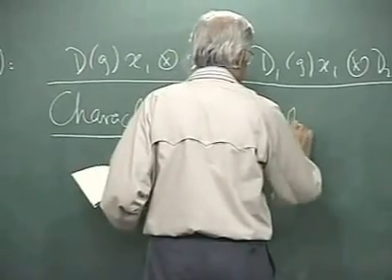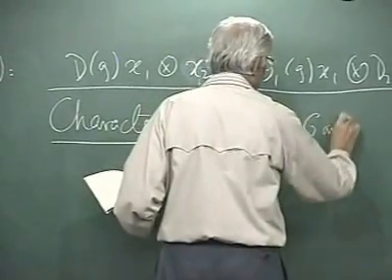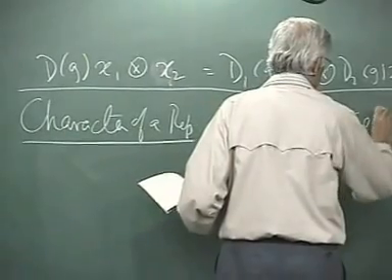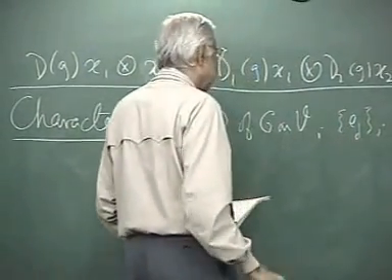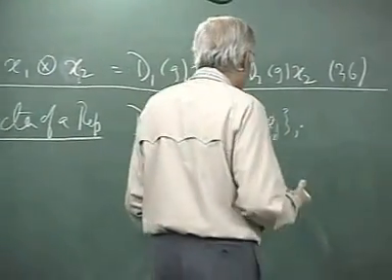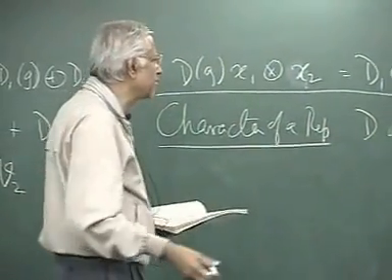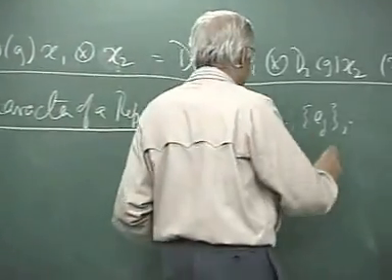So representation D of G on V is given. Choose some basis. Here I am contradicting myself. I am defining something with the help of a basis and then telling you it doesn't matter what basis you choose.